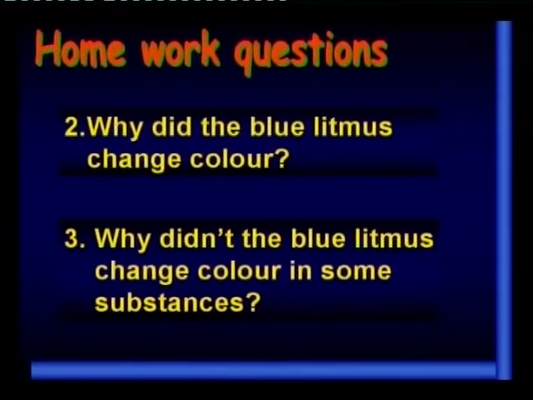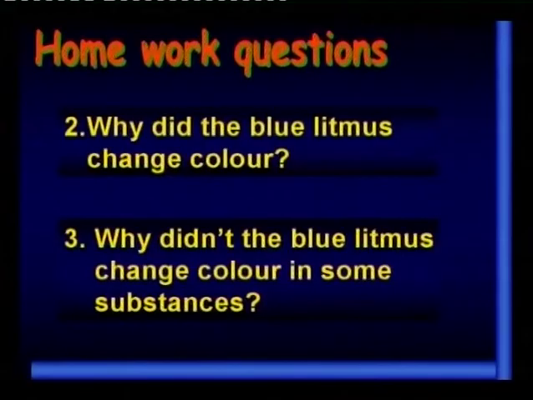Come on, boys. The girls are giving all the answers. What's wrong? The blue litmus paper changed color due to some acids in some of those substances, because some of those substances were acidic substances, so the color of the blue litmus paper changed. Thank you for that very good answer. Well explained. Any others?